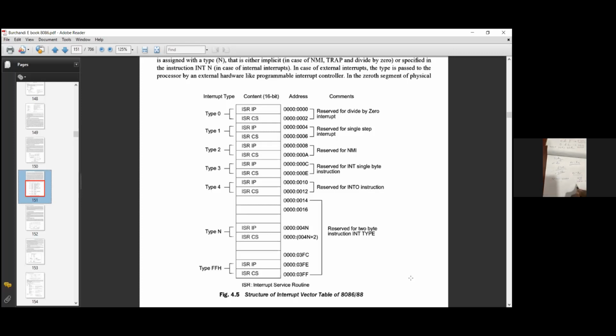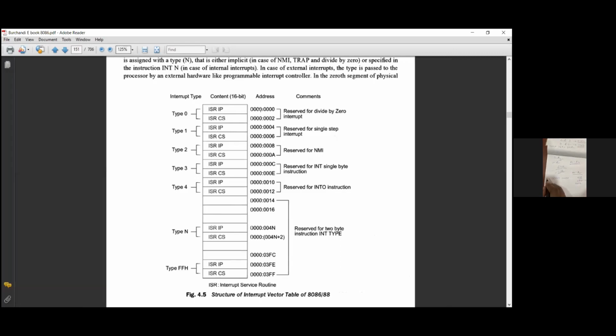Next is 4N plus 2. This is nothing but the CS, and the first one is the IP. So it is 00002. Okay. Next, type 3.